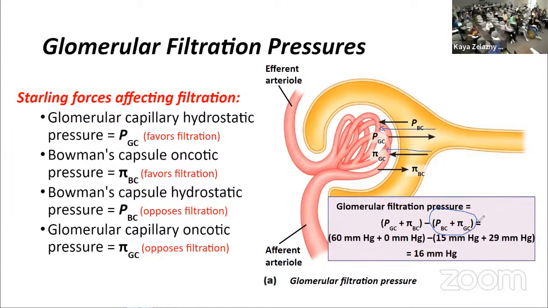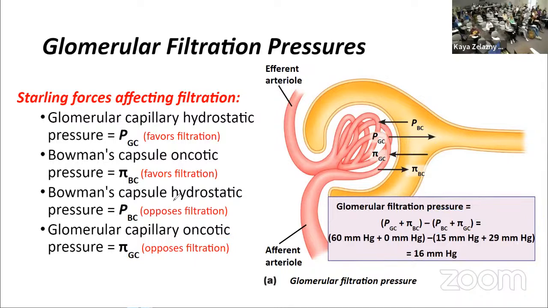Okay, so we are again going to have a hydrostatic pressure, so a big P, and an oncotic pressure, a little pi. They're just going to be the reverse of the ones that we just talked about, but we can think them through too, instead of just remembering, right?